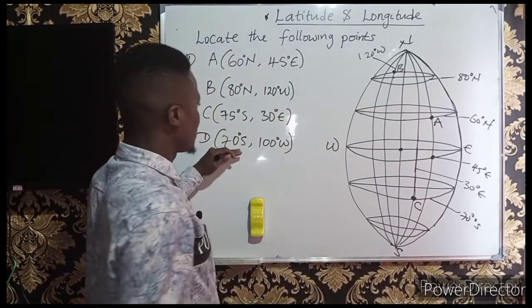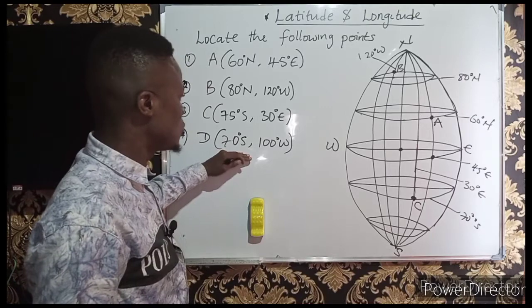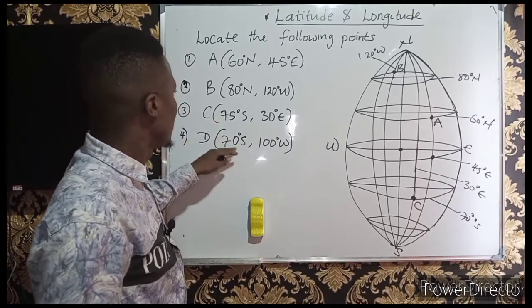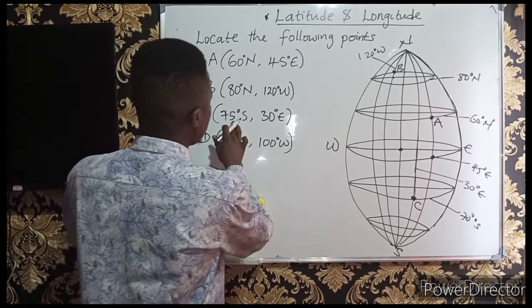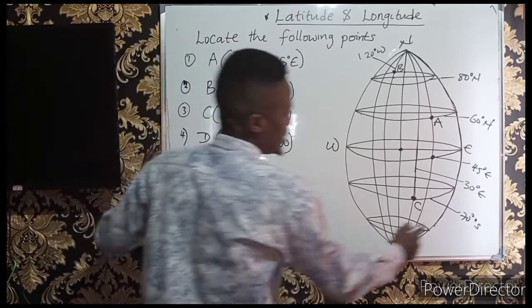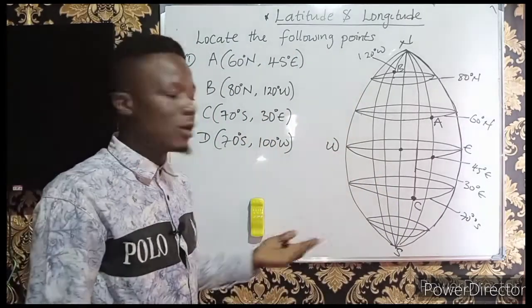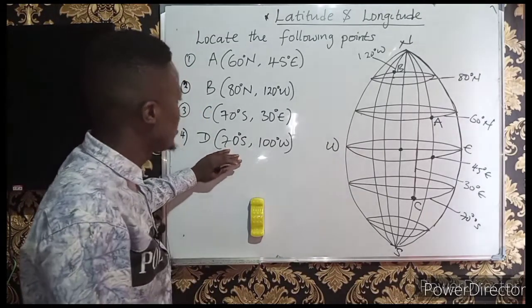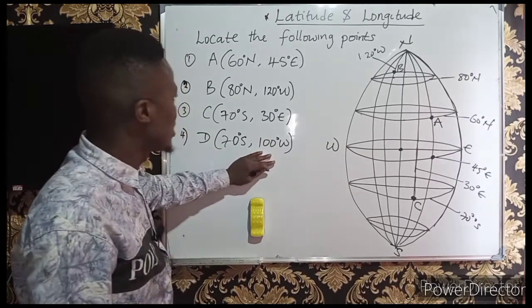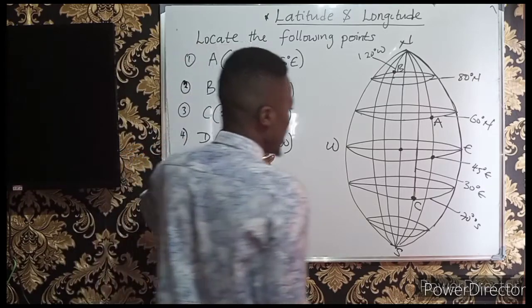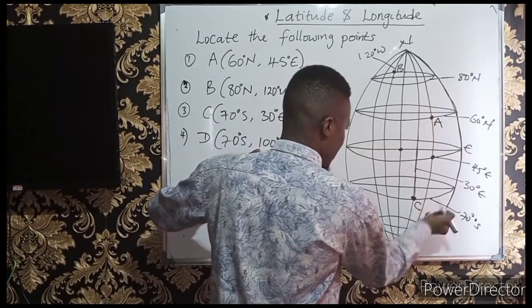So let's assume it's still in the same latitude as point C. This is 70 degrees. I made a mistake. You can call it anything. So let's work with the 70 degrees south and 100 degrees west. Now this is still 70 degrees south, the same point.